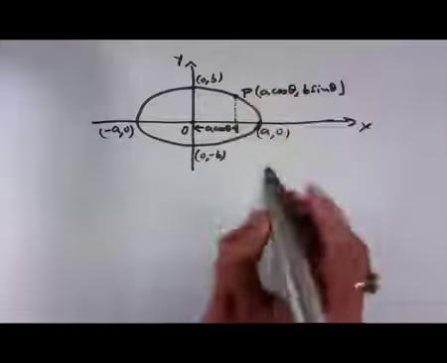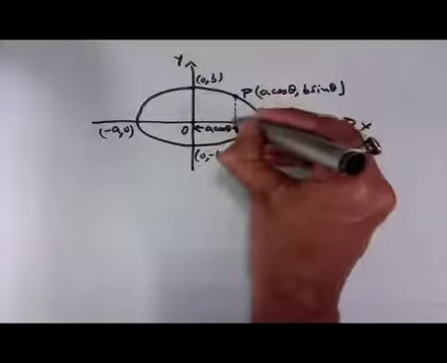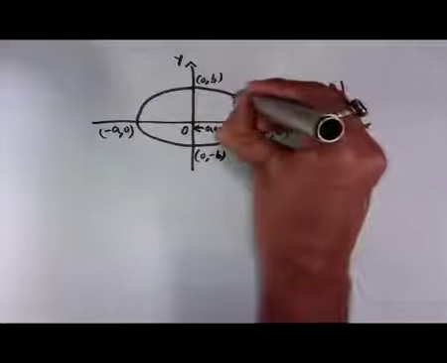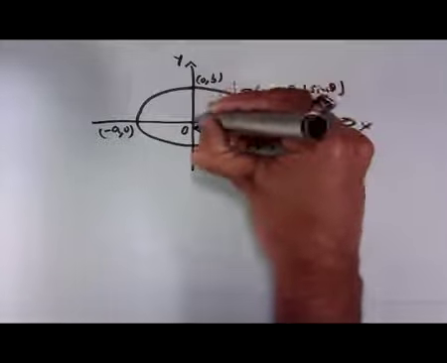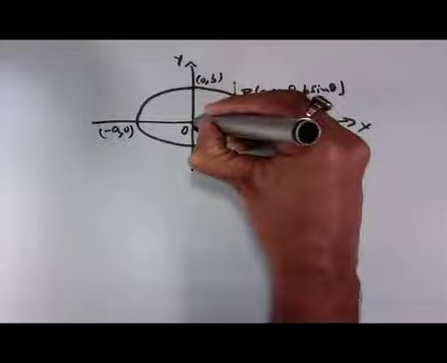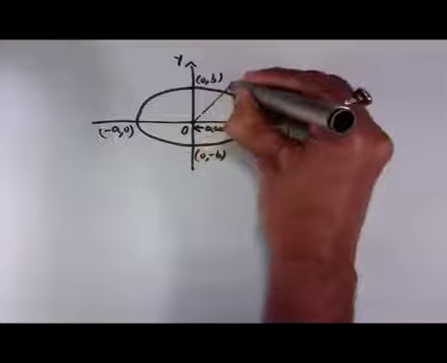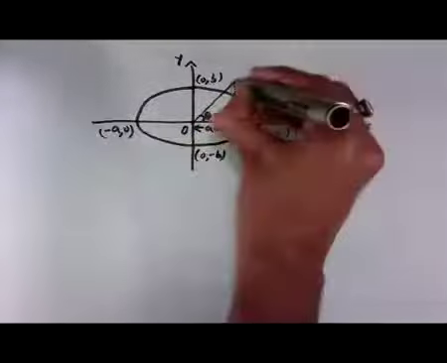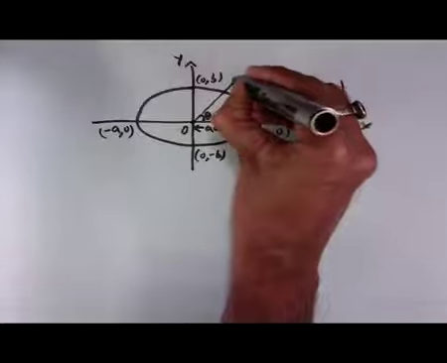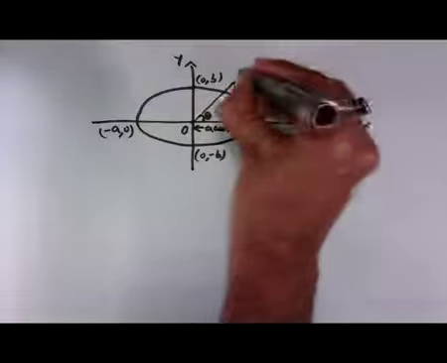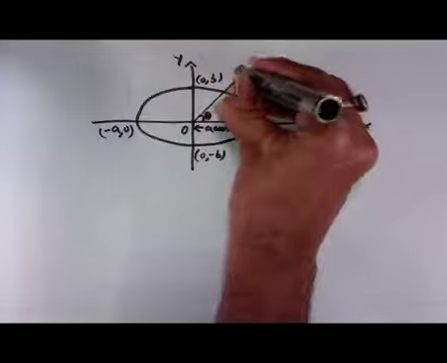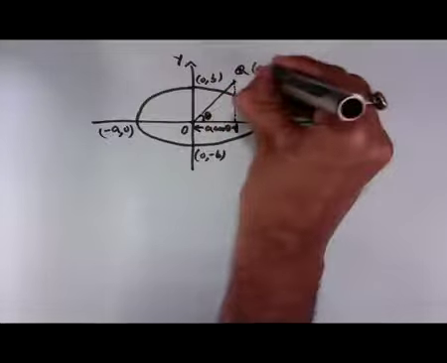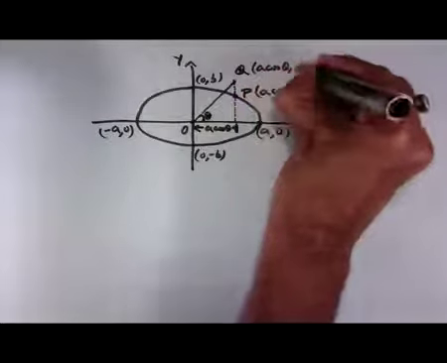Now, if we take angle theta with the positive x axis, then the x and y coordinates are given by, let me write this point Q as a cos theta and a sin theta.